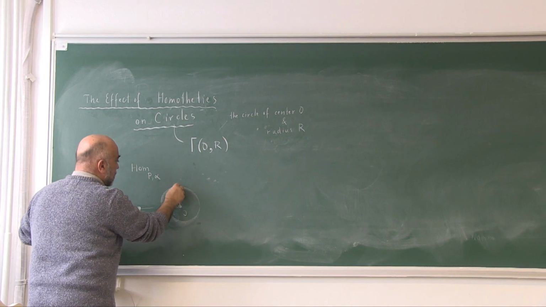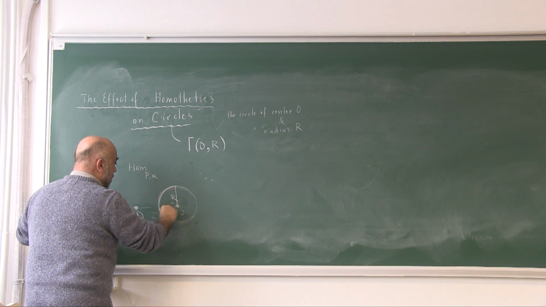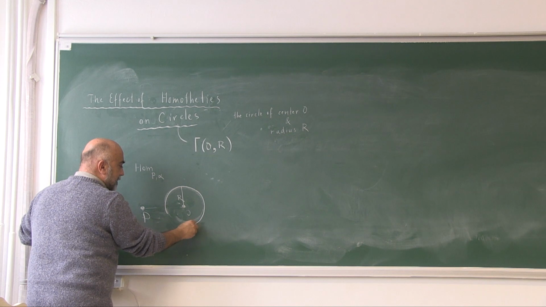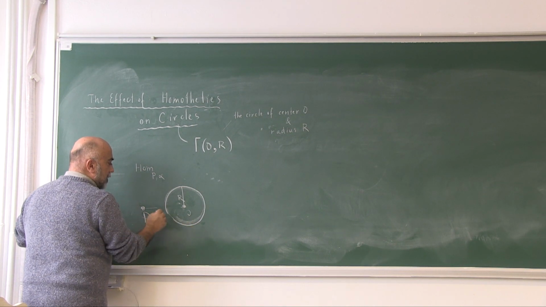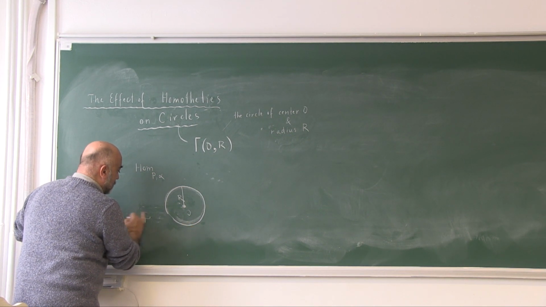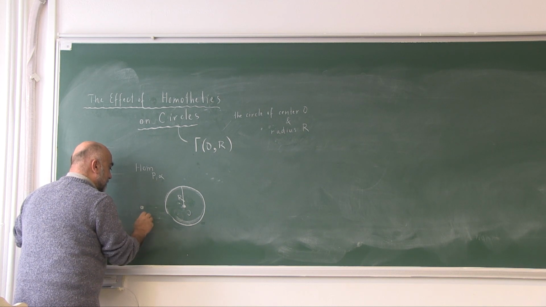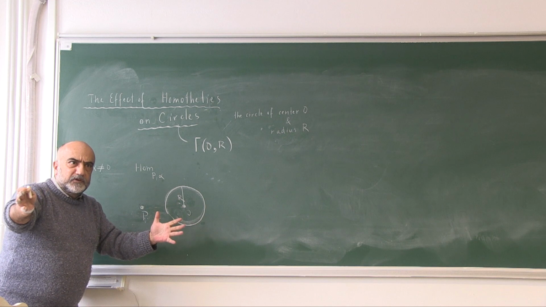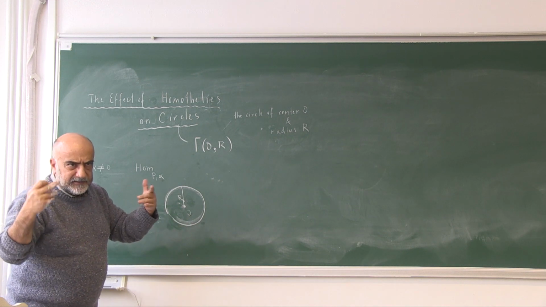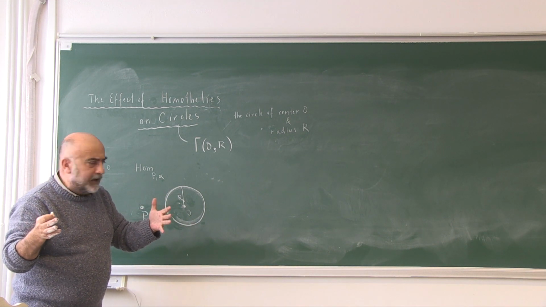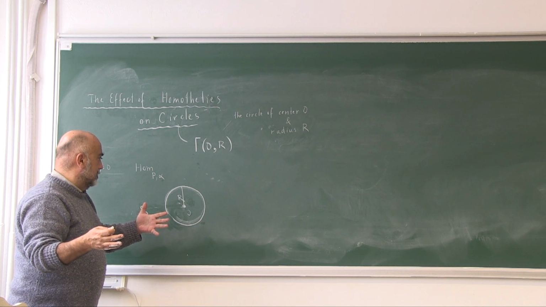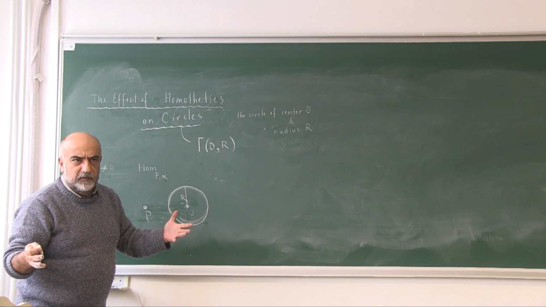So here is my circle, and let us see what happens to it under a homothety with center at P. For purposes of illustration, let us imagine that alpha is something like 1.5, 3/2.